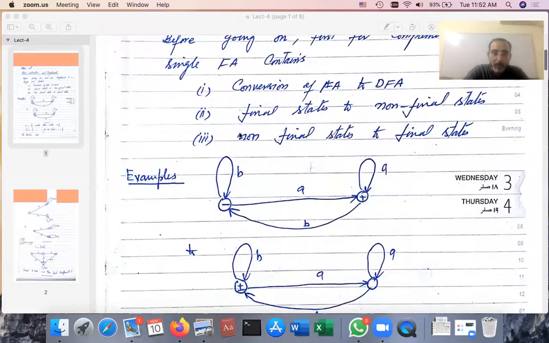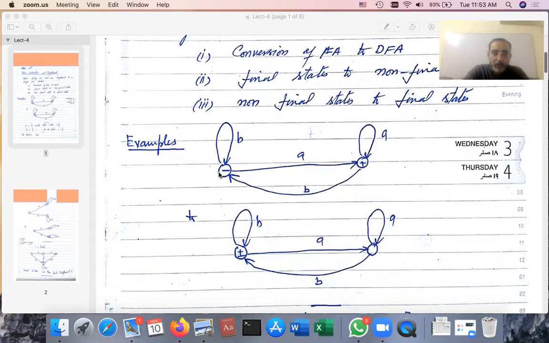So now I have to apply these 3 steps that you are seeing, and I am highlighting these 3 steps with the cursor. First you have to check whether the output degree of the FA is complete or not. If it is complete, then it means that your FA is already a DFA.